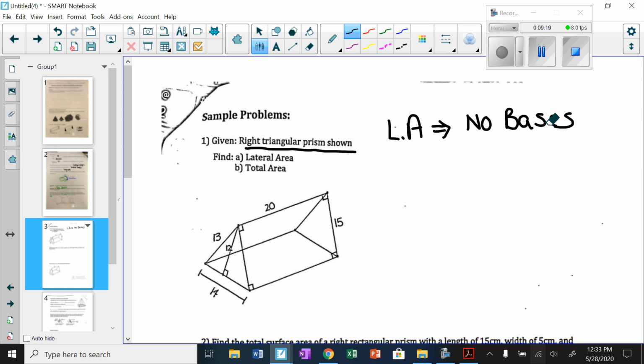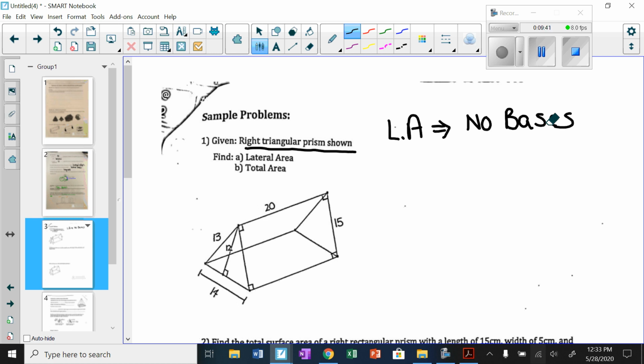So what are we going to paint? We're going to paint everything but the bases. So we're going to paint the two rectangles on the sides, and then we could turn it over and paint the floor. Surface area is everything you can paint without dismantling the figure.